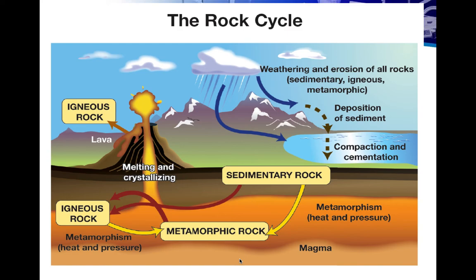And then we're going to learn in the last section how these three types of rocks essentially change into each other. So at any given time, you can have them turning into each other, or they become new rocks. All rocks on Earth are part of the rock cycle. They're constantly cycling and changing and moving into other rocks.